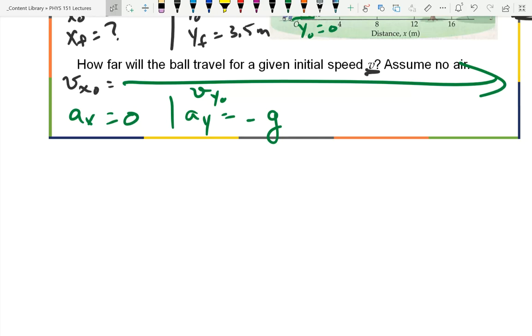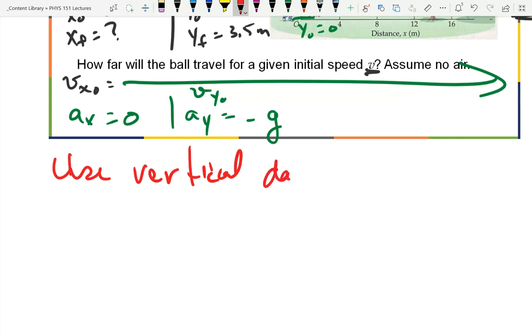I don't have time to do it, but my solution is to use the vertical data to find the time. Now I'm going to find time as a function of v because it said find your answer in terms of v.